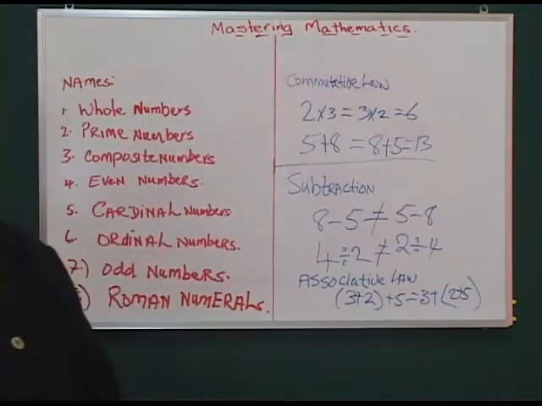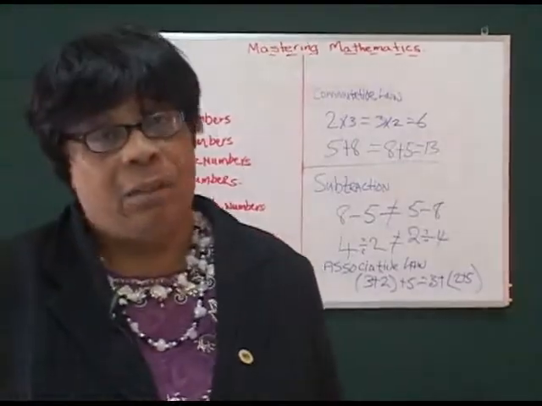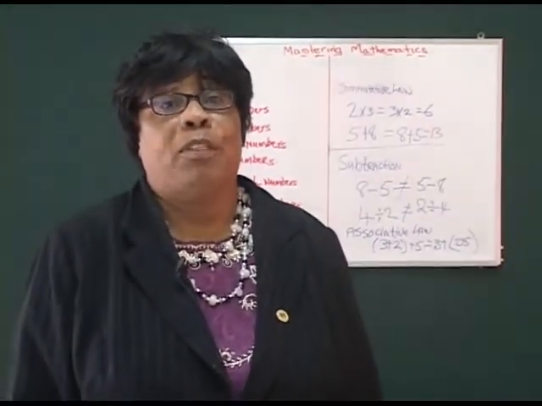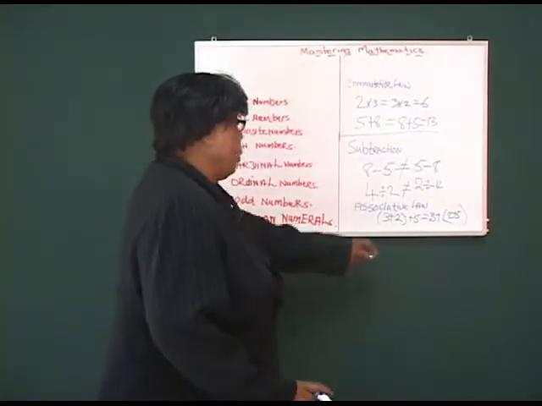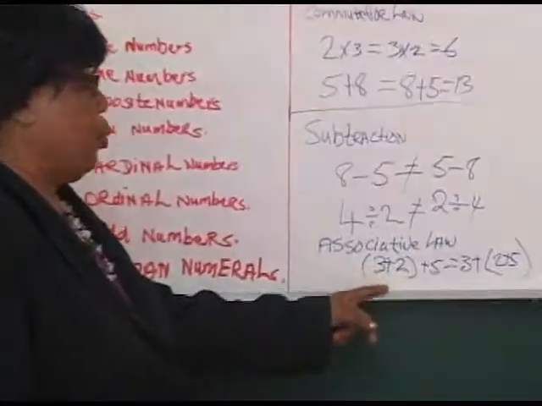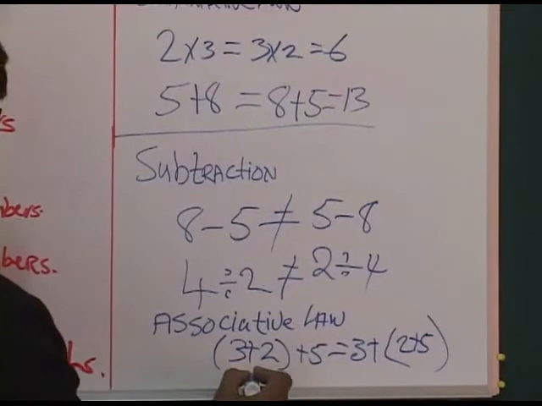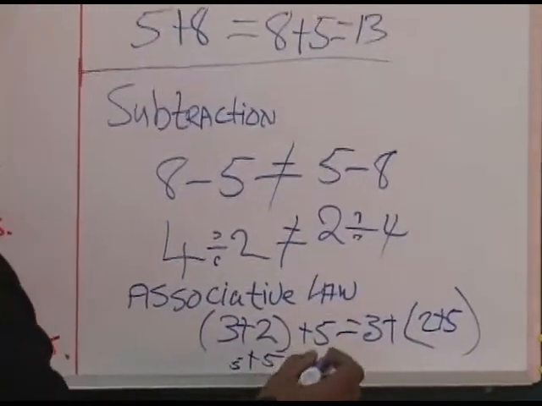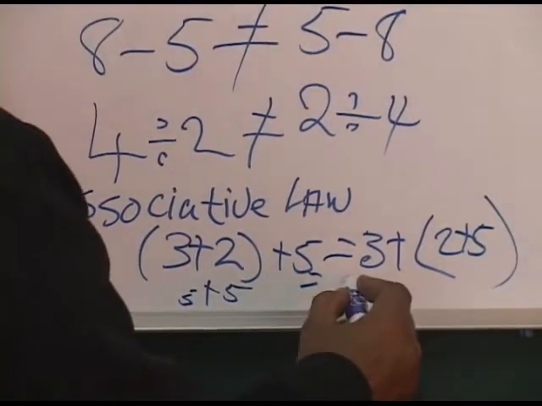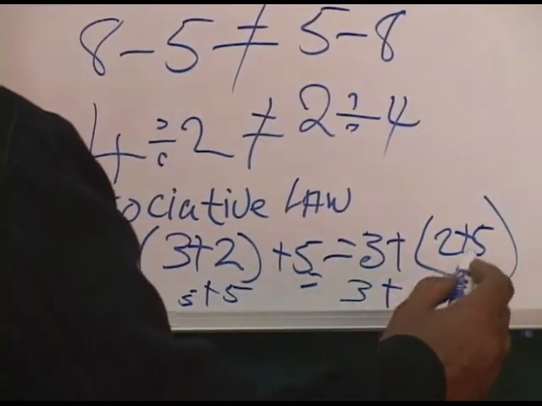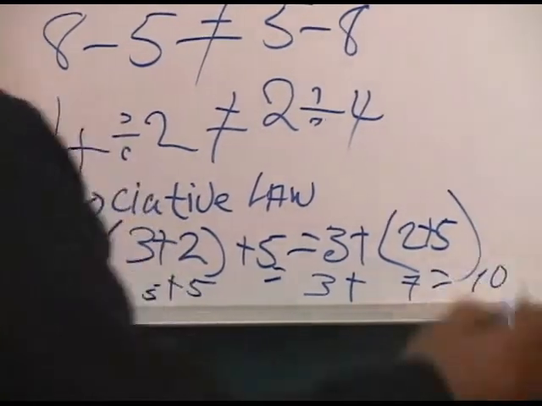And what the law says is that the way in which we add numbers in groups of 2's does not affect the sum. So we group them in the bracket here, 3 plus 2, and we work out the bracket first. We would be getting 5, and then adding 5 to it would give us the same result as if we had said 3 plus, working out the bracket first, 2 plus 5, which is 7, and of course we will be getting 10.